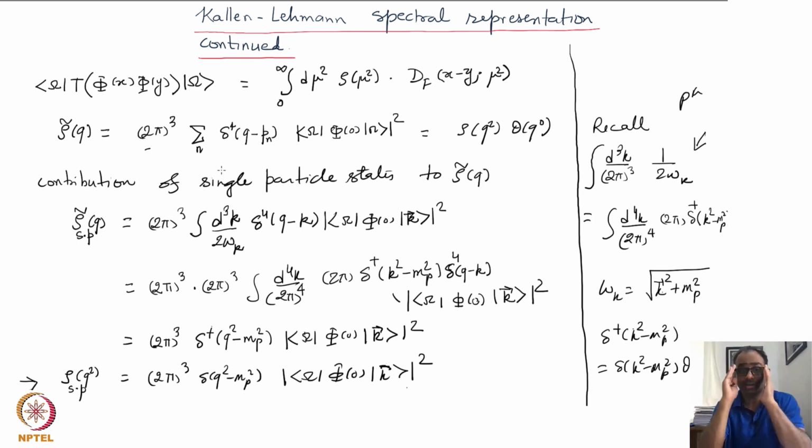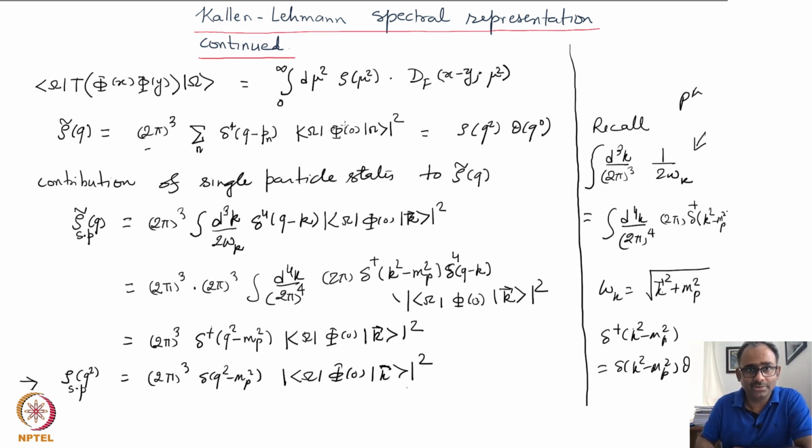So there is no way you are going to get a contribution to rho of q square from two particle states which will be proportional to a delta function. That's not going to happen, because of this counting. 6 integrals, d cube k1, d cube k2, 4 delta functions, so you are still left with 2, and you integrate over these objects. So one thing is clear, it's not going to be proportional to a delta function.